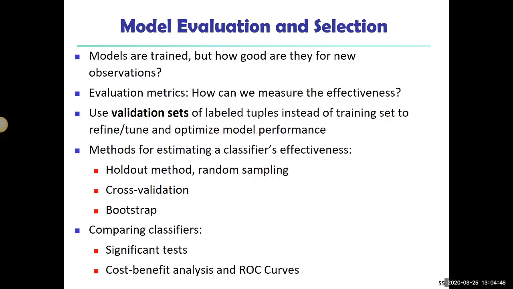One of the most popular is the t-test, or paired t-test, to compare two models. We will also look at the ROC curves that can visually illustrate two classifiers' performance in a two-dimensional space.